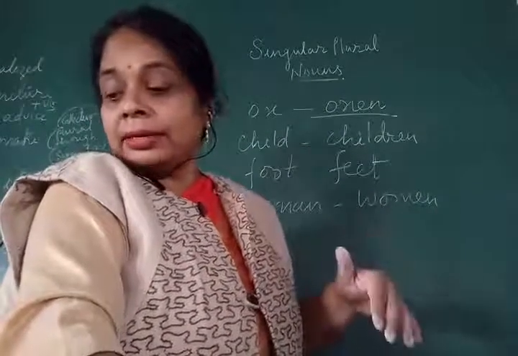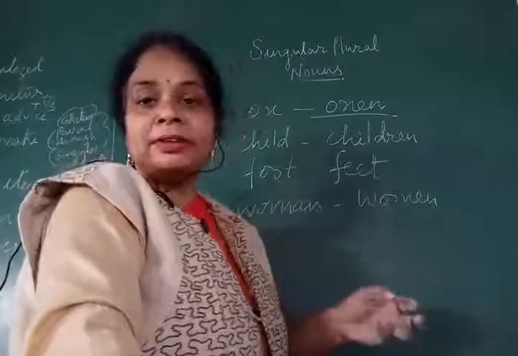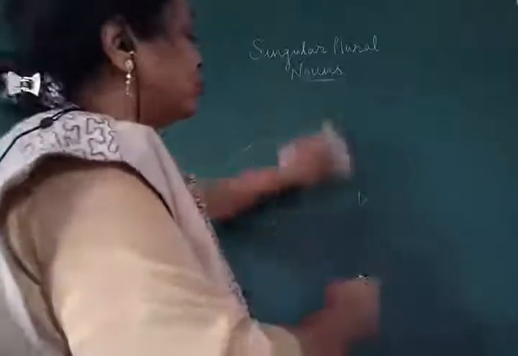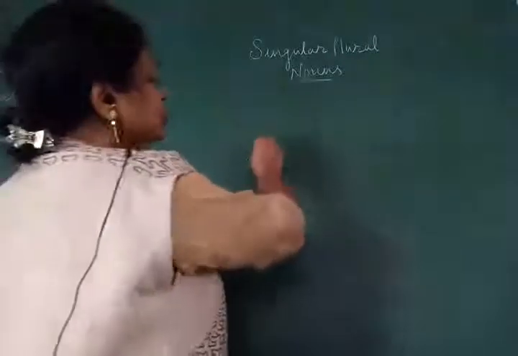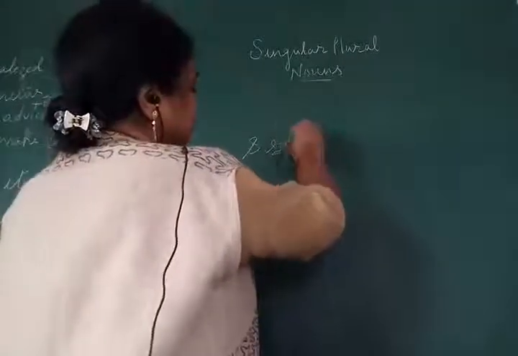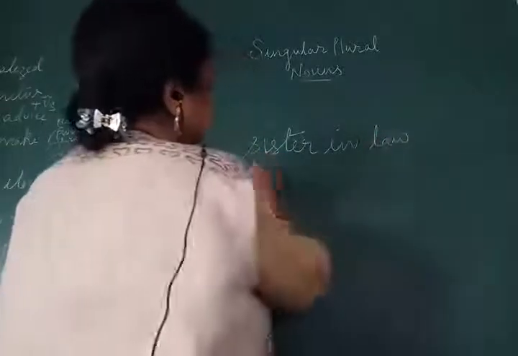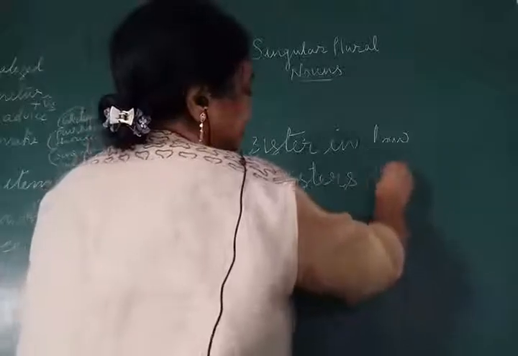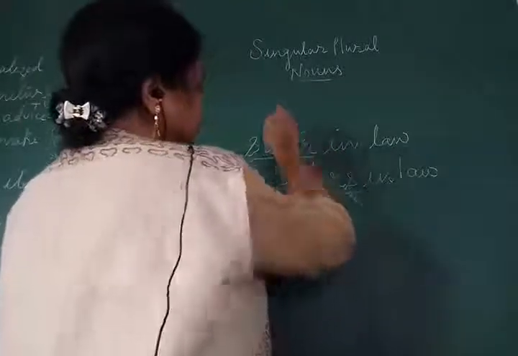Okay, and if we talk about the compound words, like sister-in-law, brother-in-law, these words when changed to plural form, remember that they shall be changed in the manner that s is added to the first or the main word.